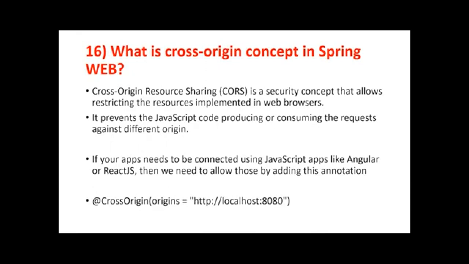Here I give a sample URL with 8080, but it can be 4200, 9000, or 3000. That depends on the port the front-end application is running on. If you mention this, then the request is allowed, else it is not. It says CORS is blocked. Mostly you see this kind of exception if you're integrating with Angular or React.js.